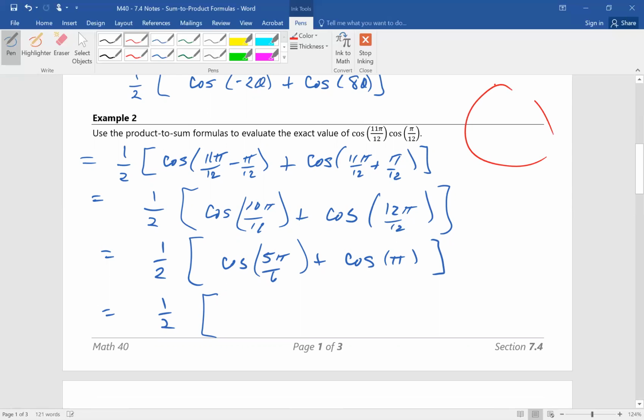Remember, on a unit circle, 5 pi over 6 is here, so pi over 6 is my reference angle. And all students take calculus. So when I use the reference angle, it's going to be negative cosine of pi over 6 plus the cosine of pi, remember that's just minus 1, 0. So that's going to be minus 1.